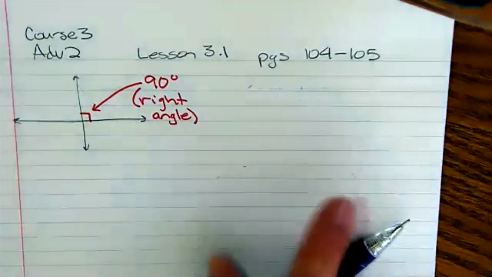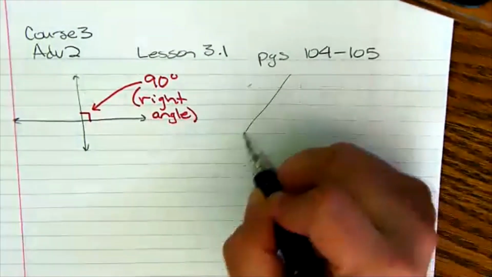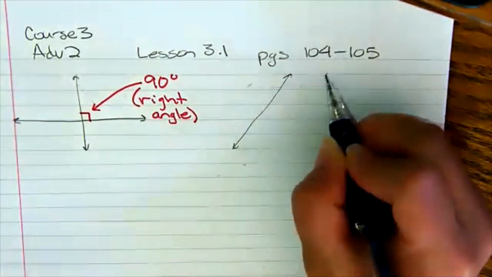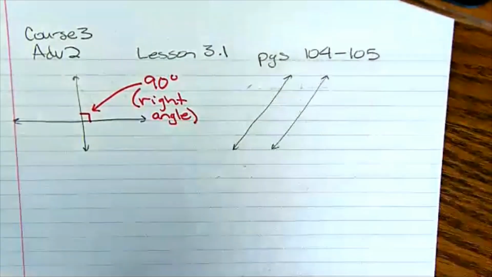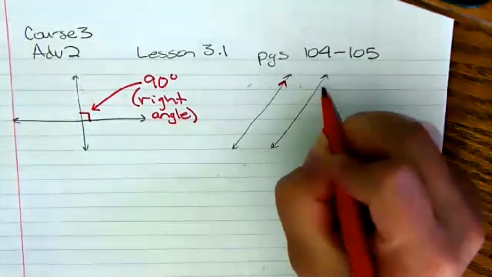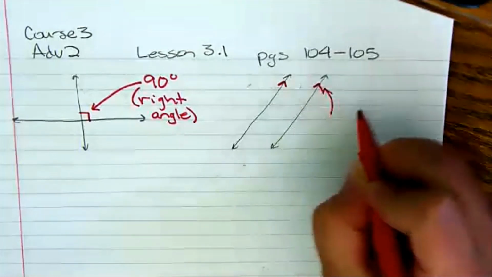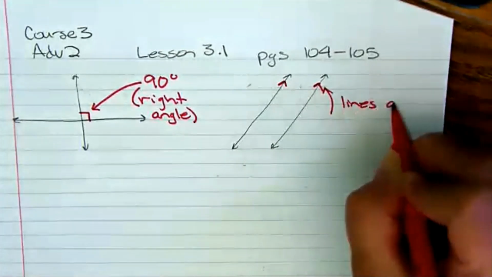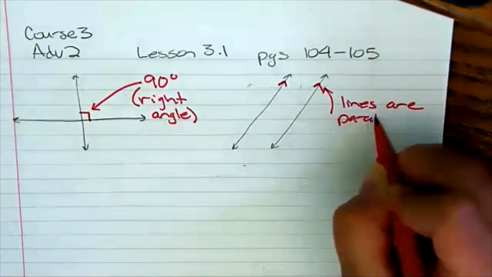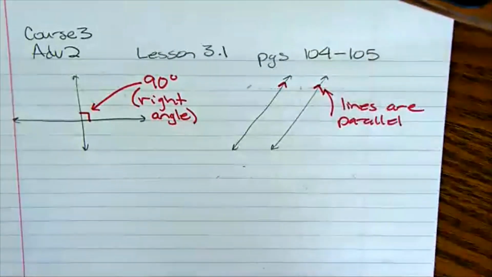When we have lines that look like this and have this little extra arrow like that, that means that the lines are parallel. They will never cross.